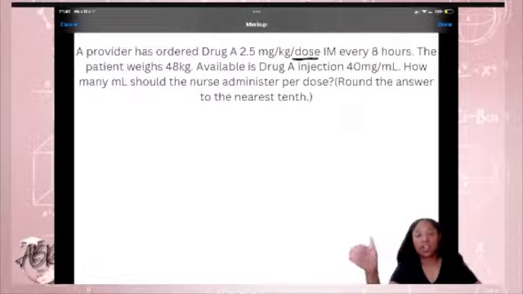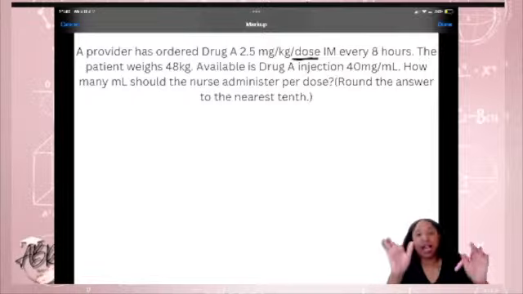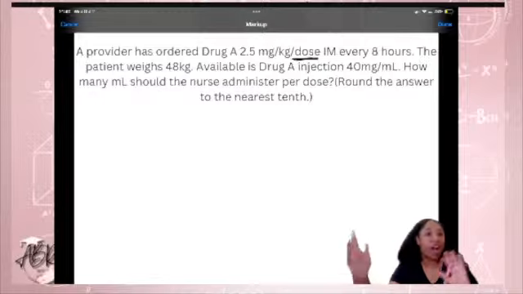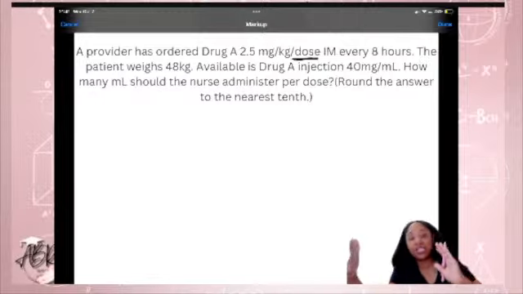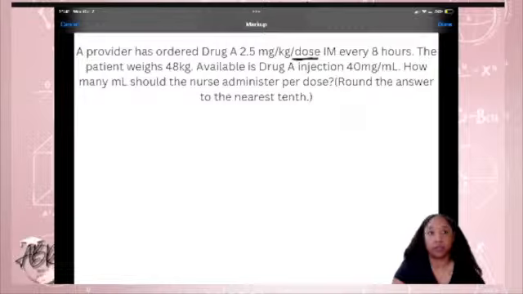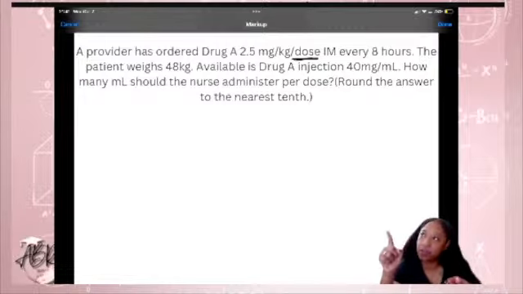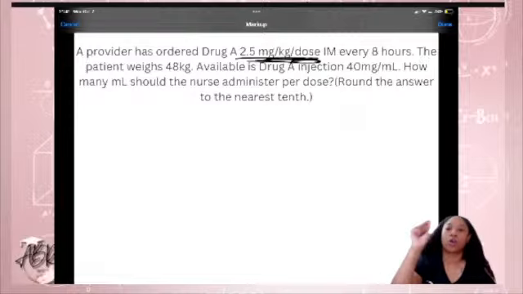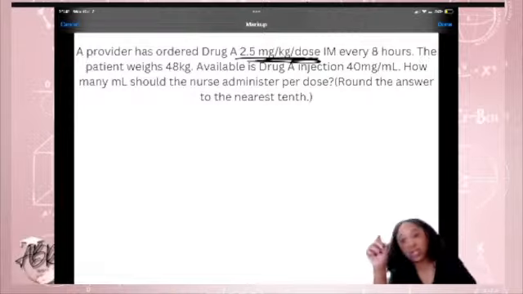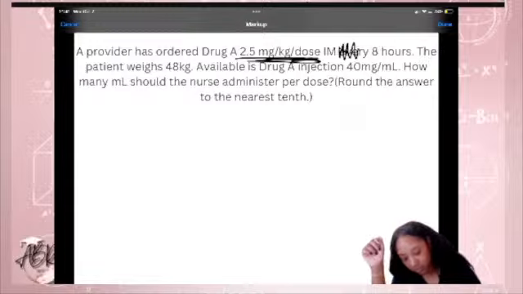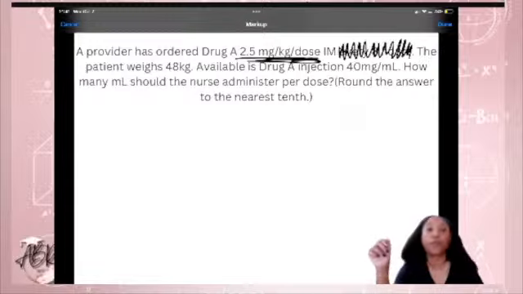If the question is not asking you how many milliliters per day, then why are you worrying about how many doses you would give in a day? If you already have a puzzle piece that has dose in it, this is how much per dose. So guess what's fluff? The frequency. Does that make sense?